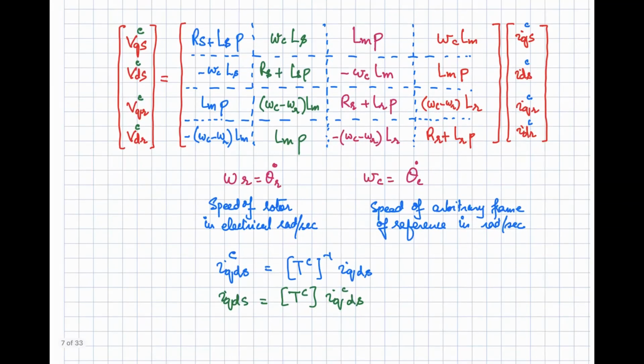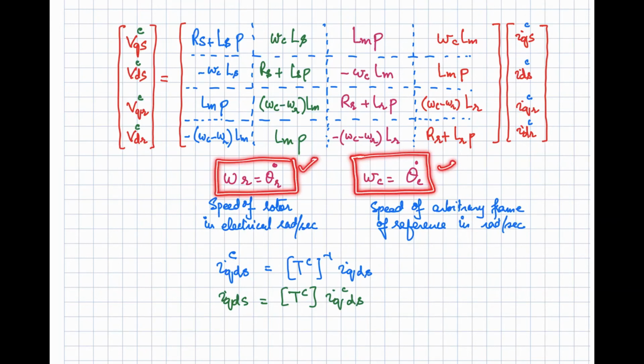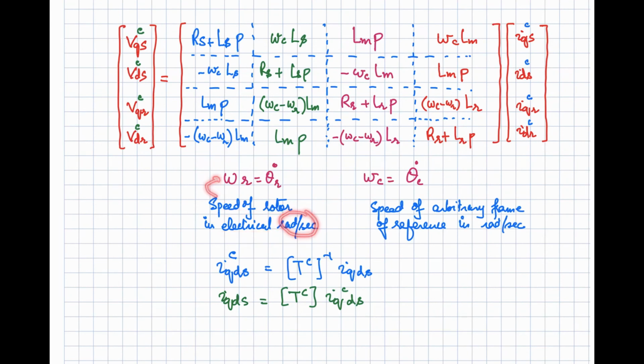So in this, omega r is equal to theta r dot, that is the actual rotor position rate, and omega c is equal to theta c dot, that is the rate of change of the arbitrarily rotating frame of reference with respect to the fixed frame of reference, that is dq, right? So the speed of the rotor in electrical radian per second is omega r, and the speed of the arbitrary frame of reference in radian per second is omega c.